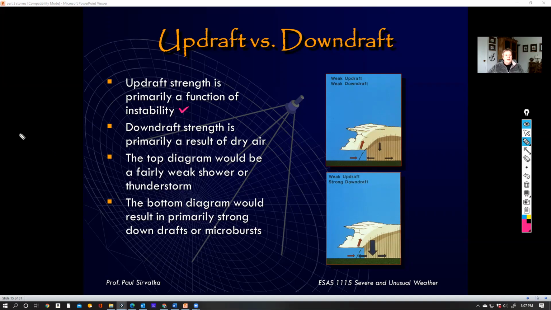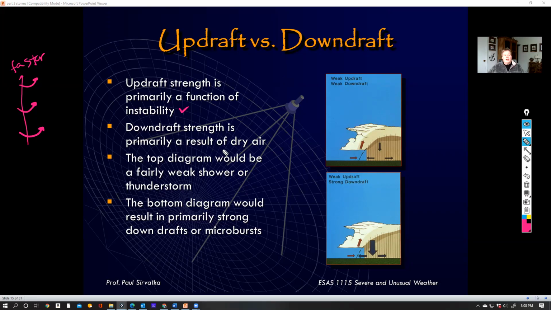Now, the other thing is when we rotate an updraft, that causes the air to go faster. So updrafts are first how much unstable air there is, how much instability, and then we can have rotation, which makes it even stronger. So if I've got weak updrafts, I probably don't have that much instability, and I probably don't have rotation.